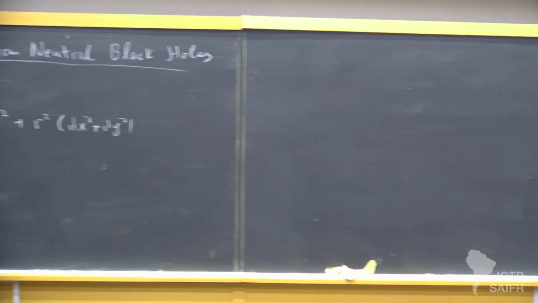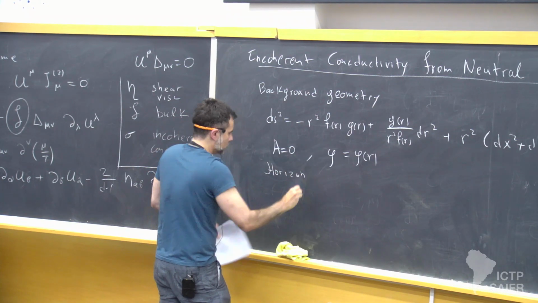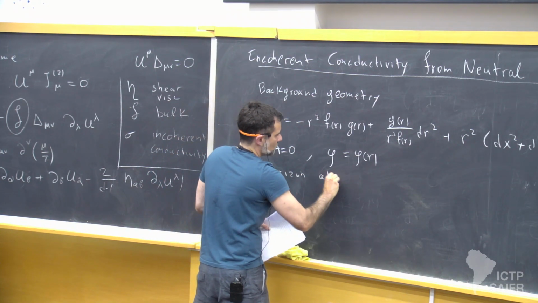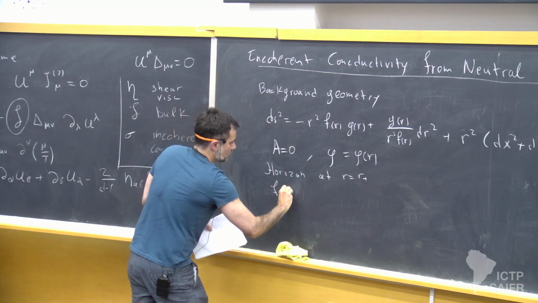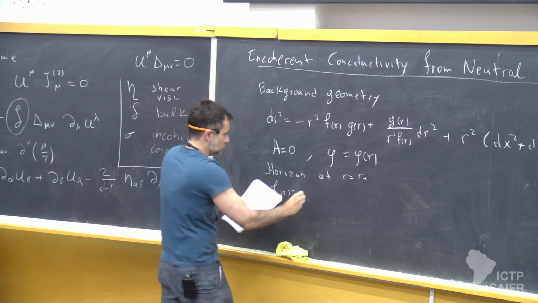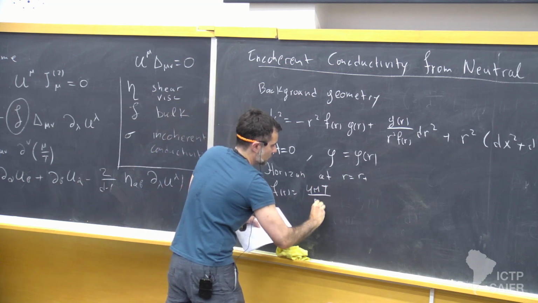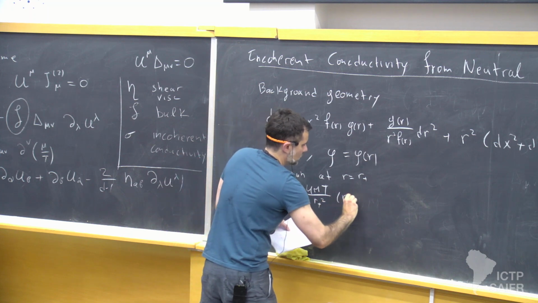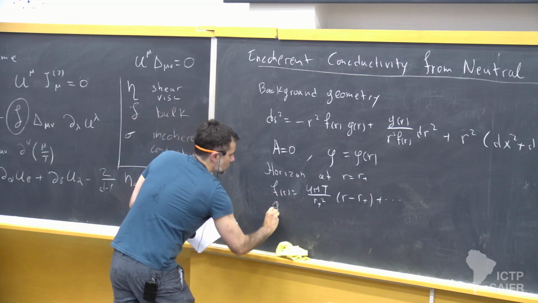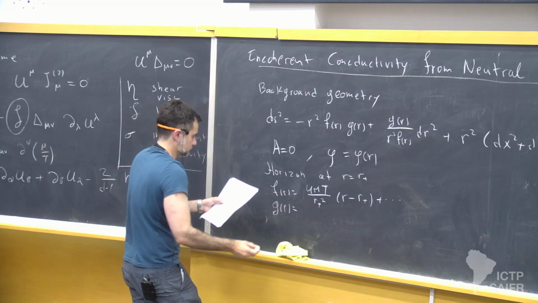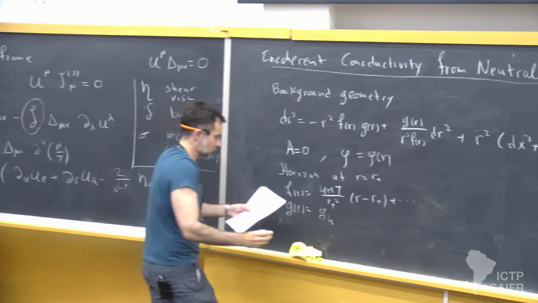What did we say when we discussed black holes, or black branes? We said that there is a horizon at r equals r plus. And then this function f of r close to the horizon goes like 4 pi T, where T is the temperature, divided by r plus squared, times r minus r plus. g of r goes to a constant, some horizon value for g.